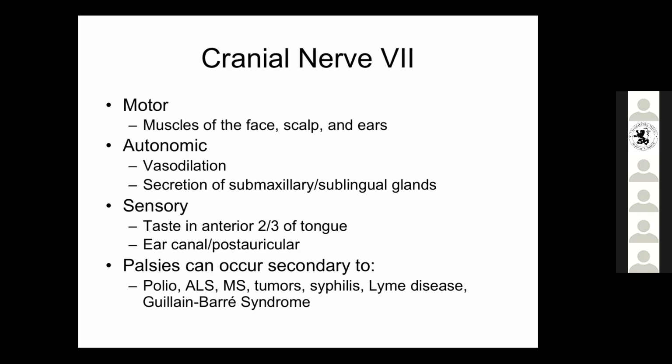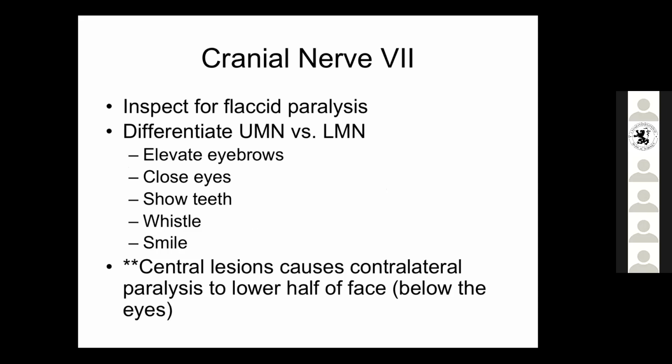We notice peripheral or central paralysis. What is important to remember is that a central lesion will cause a contralateral paralysis of the lower half of the face, below the eyes, because the nucleus for the upper part has innervation from both sides of the brain. That's why a peripheral lesion is actually worse.